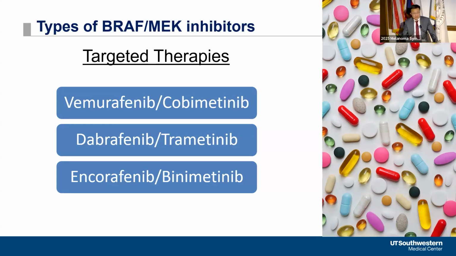So the addition of MEK, which is just another downstream pathway, the combination of those two drugs actually helps improve the outcomes of patients compared to just taking a BRAF inhibitor alone. What you see listed down here are both BRAF and MEK combinations, and I'll talk a little bit about these individually and where they fit into our treatment landscape.